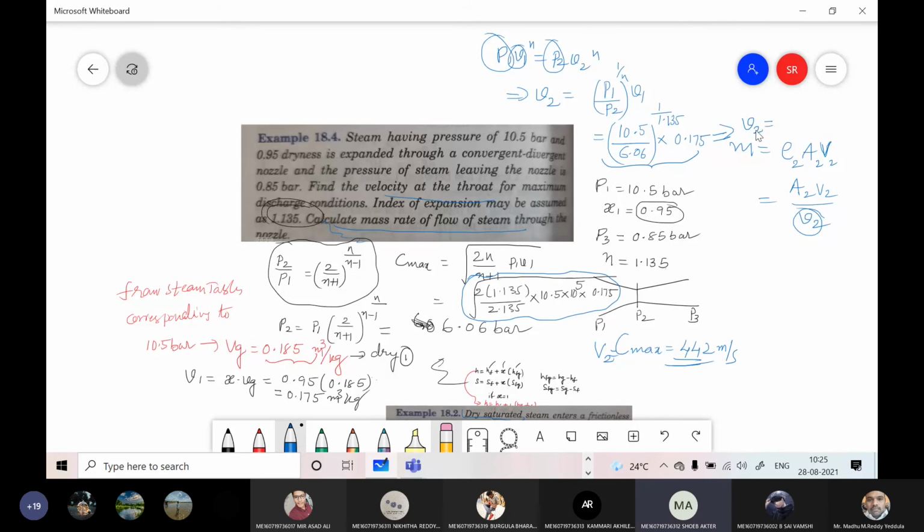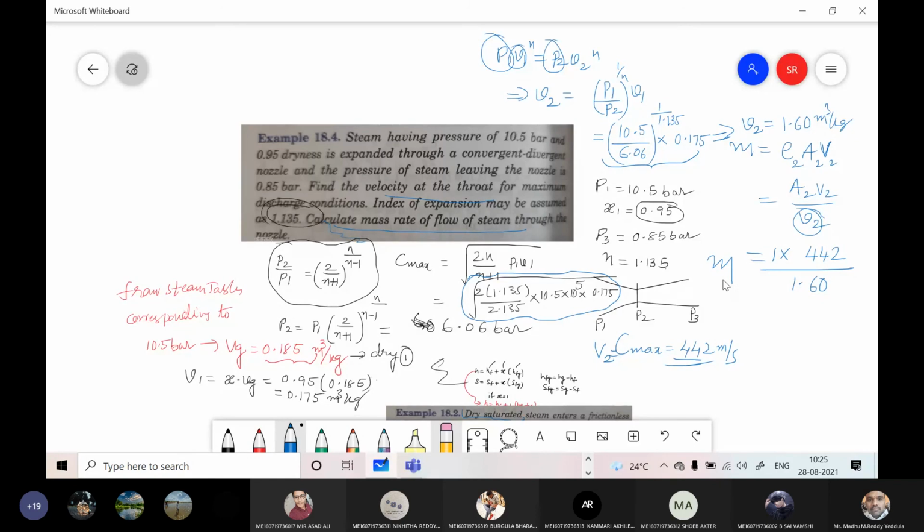So 1.60 meter cube per kg. Then if we substitute, area is 1 and velocity is 442 divided by 1.60, you will get the mass flow rate of the steam.